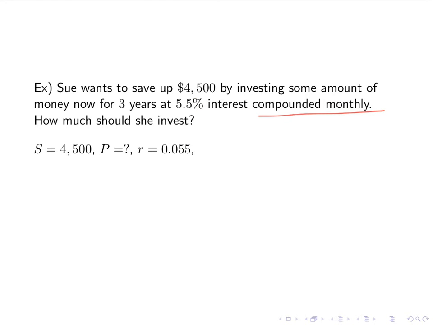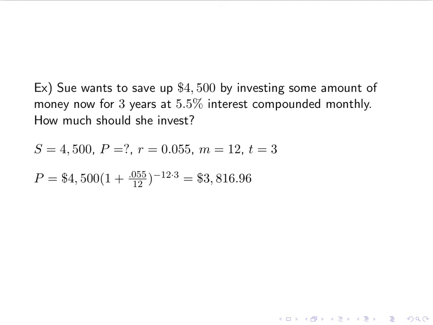Compounded monthly, again, there are 12 months in a year. So M is 12, 3 years, T is 3. Again, I want P, so I'm going to use that equation where I've switched P and S and made the exponent negative.